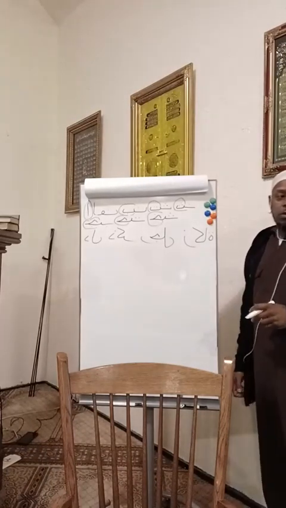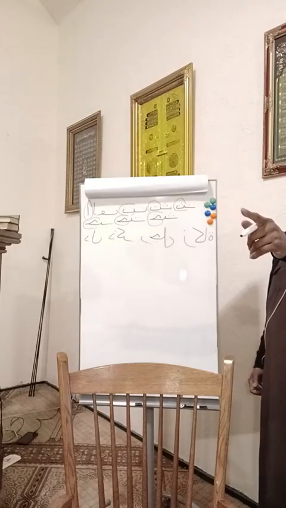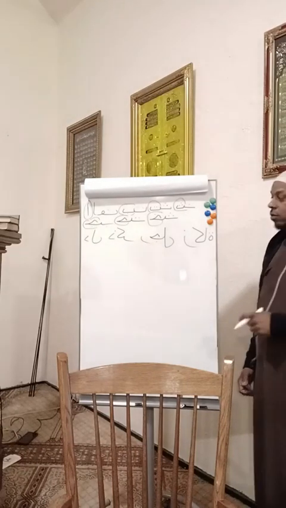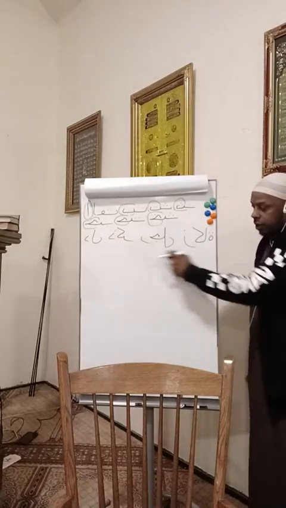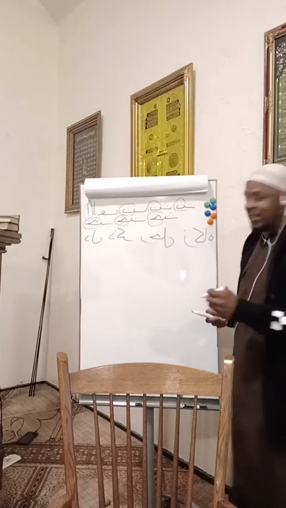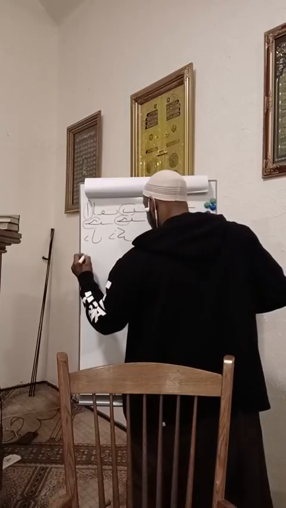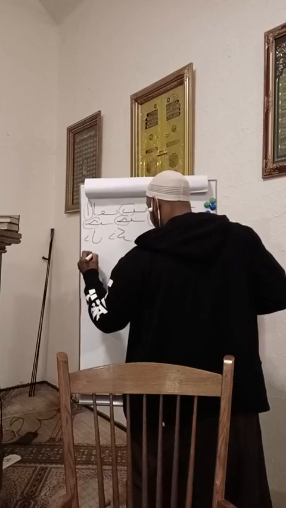Ra, zay. What's the next letter? Ra, zay, seen. Next letter is seen. So it's like this, right? Isolated.